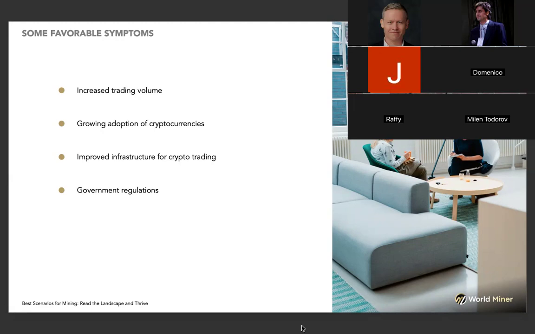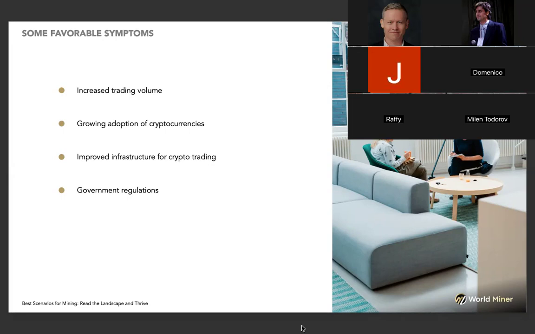And a growing adoption of cryptocurrencies by businesses and individuals is also a positive sign, because it shows that the market is becoming more mainstream. Positive news and media coverage also contributes to positive market sentiment. Increased investment from institutional investors, such as hedge funds and venture capitalists, is also another sign of a healthy market.